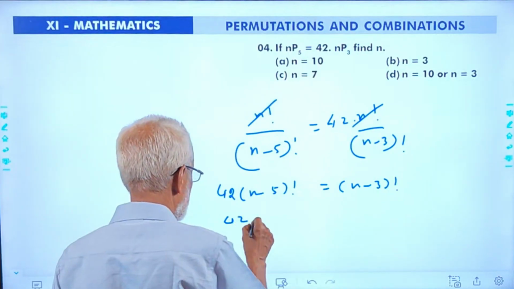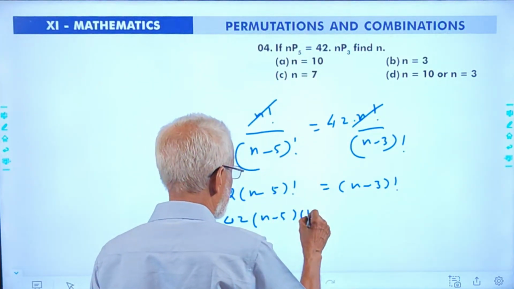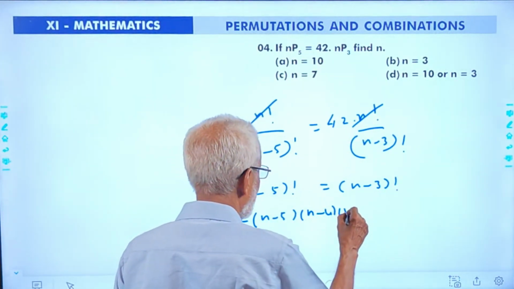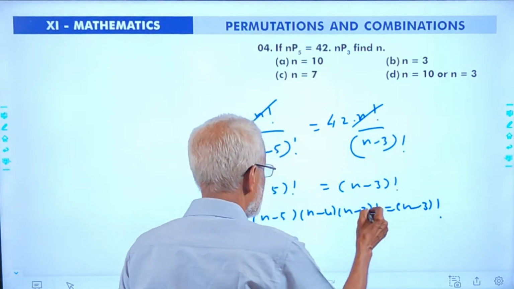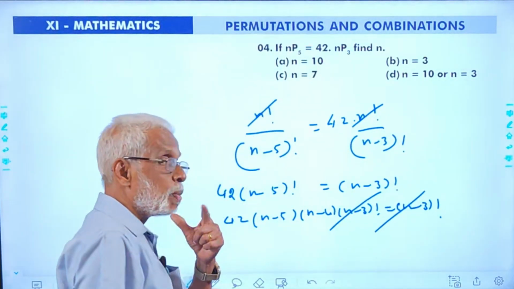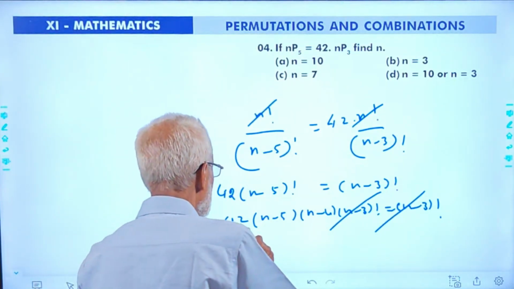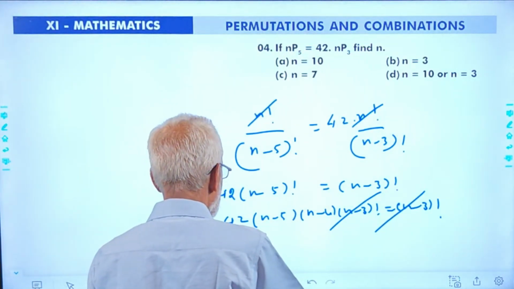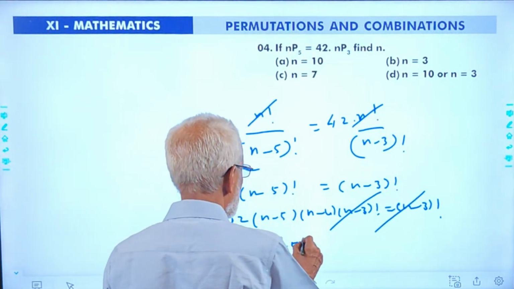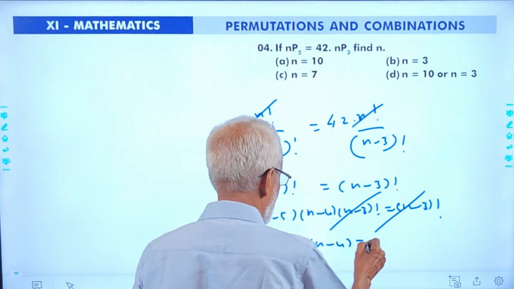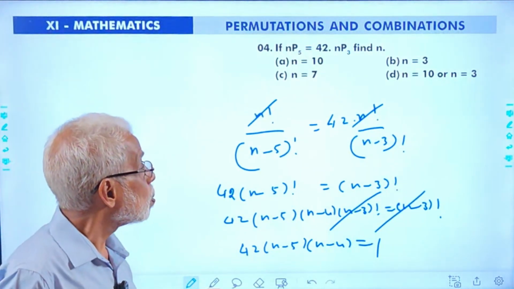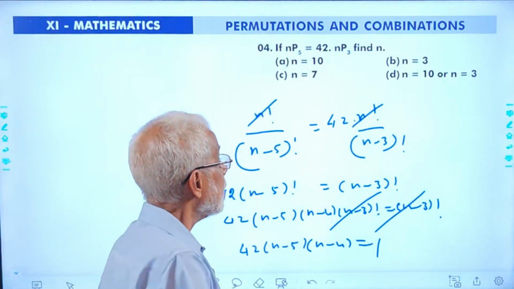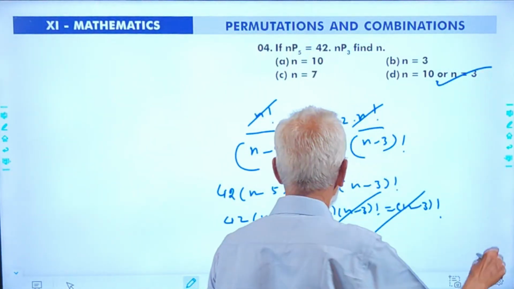That is 42 into n minus 5 into n minus 4 into n minus 3 factorial equals n minus 3 factorial. N minus 3 factorial on both sides would get cancelled. We get 42 into n minus 5 into n minus 4 is equal to 1. This is a quadratic in n. Simplifying, we get 2 values for n. They are 10 or n is equal to 3.